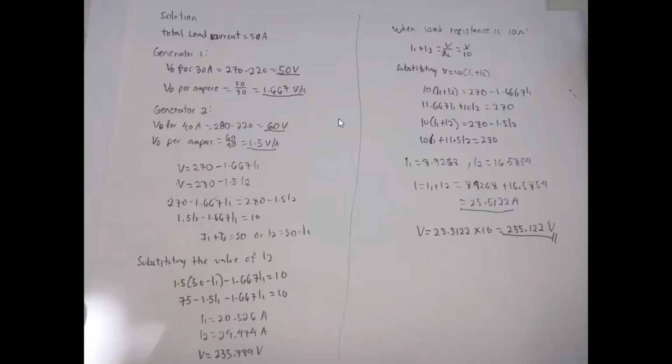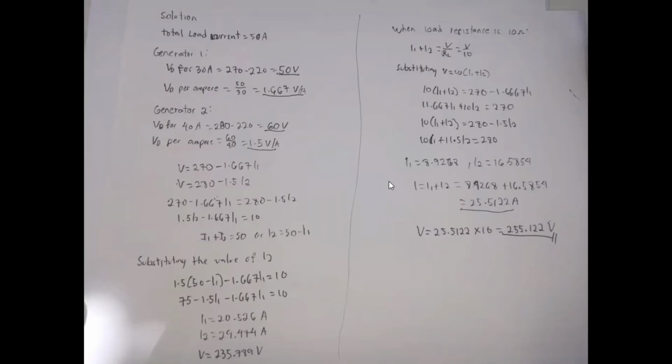Then to get the current, I is equal to I1 plus I2. So I1 is 8.9268 plus I2 is 16.5854, so equal to 25.5122 ampere.